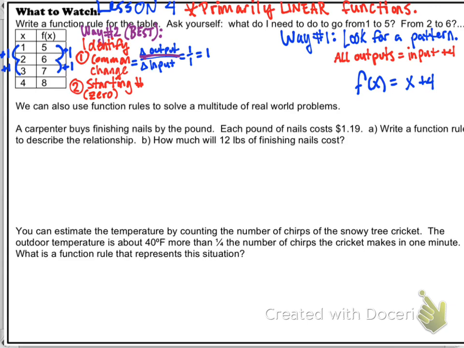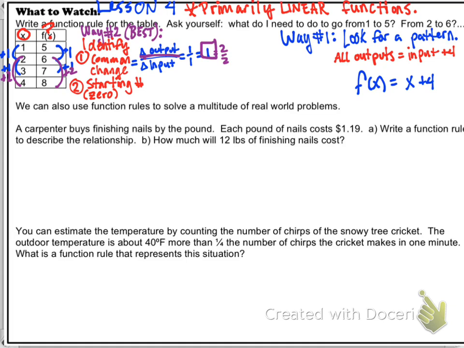The beauty of this is I can pick any two pairs of coordinates. So if I change by 2 on the input there, then I'm going to change by a positive 2 on the output there, and that 2 over 2 gives me that same 1, which you may recognize as slope from a previous class.